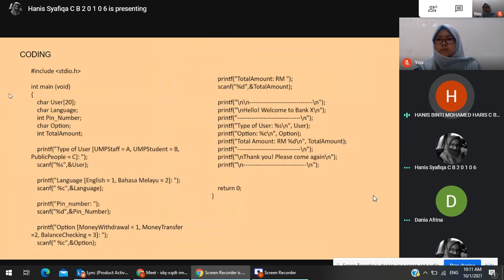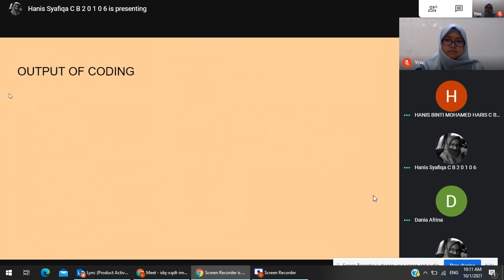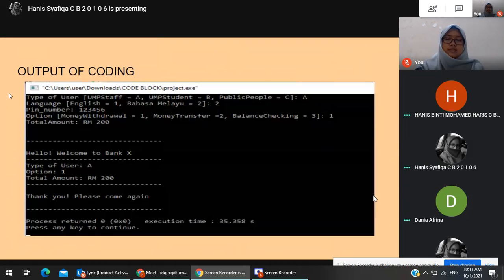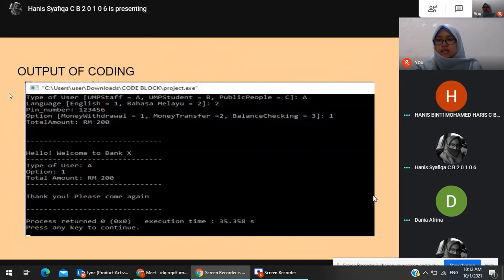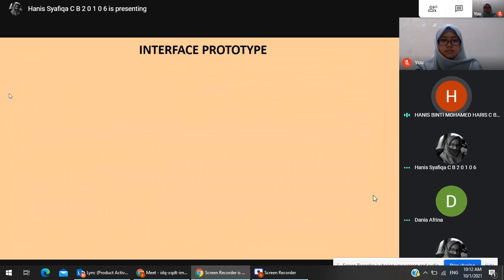Okay, this is for recording. So basically, recording is the sequence, and the user needs to enter what type of user, the language, the PIN number, and the option. Okay, next. Okay, this is the output of the recording. If we print out like this, hello, welcome to Bank Apps.